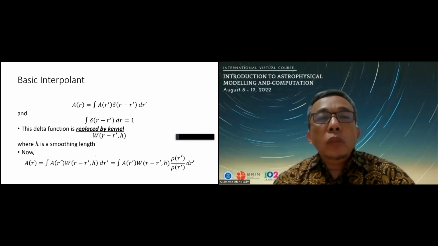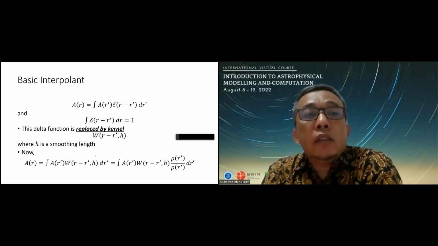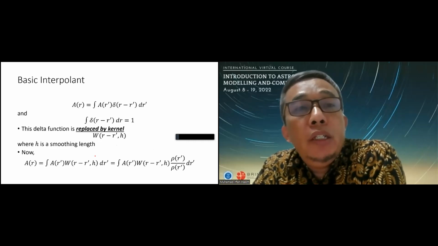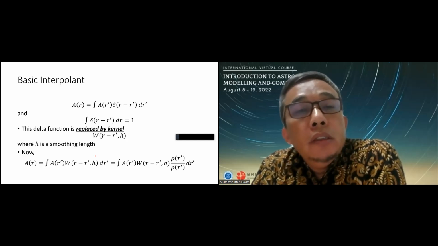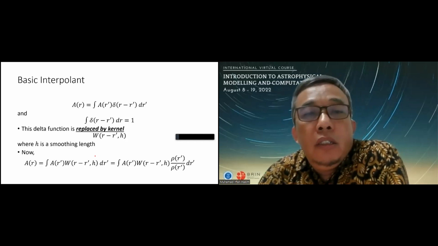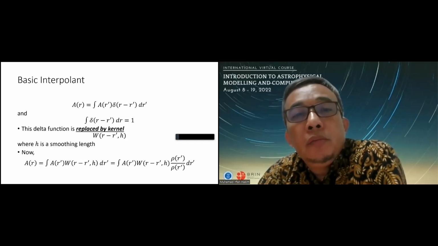Now, this is the fundamental concept of SPH. We need to know about the interpolant, the basic interpolant. I suppose you know the delta function here.